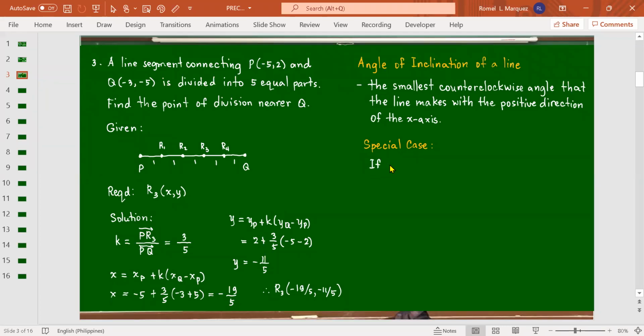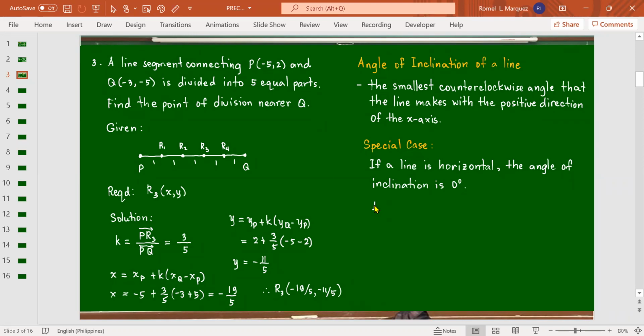If a line is horizontal, the angle of inclination is 0 degree or 0 radian. Okay, children?